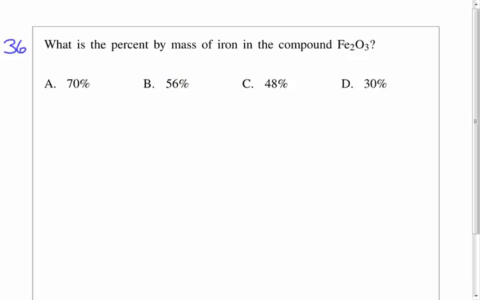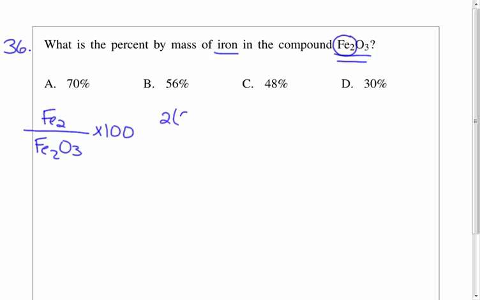For question 36, we want to find the percentage of iron in the compound. So how many irons are there here? There are 2. So we're going to have 2 irons, and again, you can write it in front, or you can go ahead and just write Fe2 over Fe2O3 times 100. So we're going to have 2 times 56.